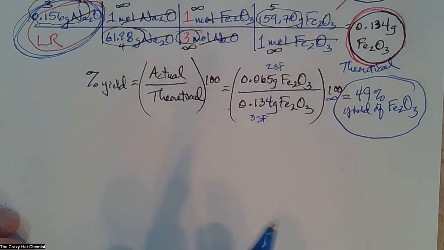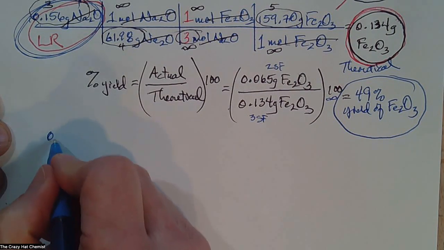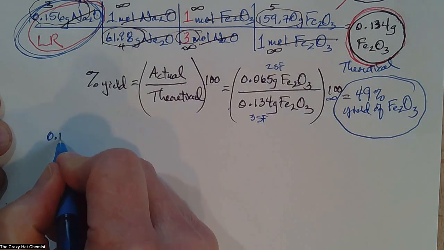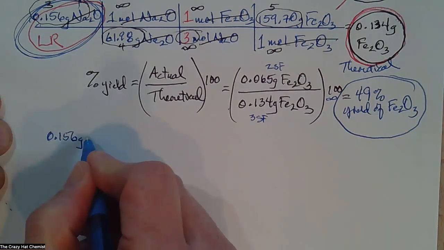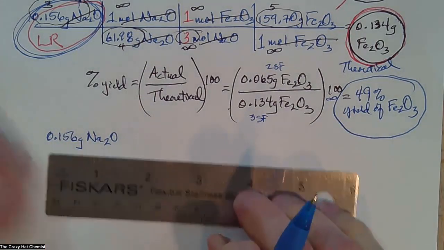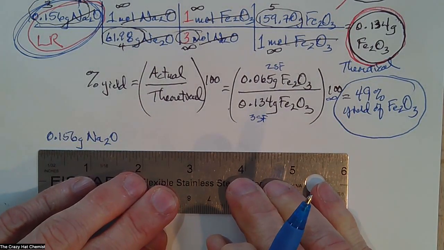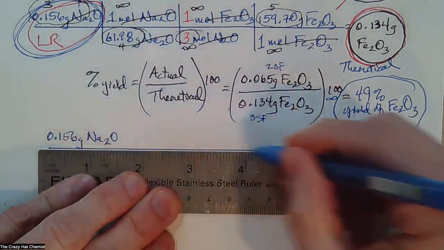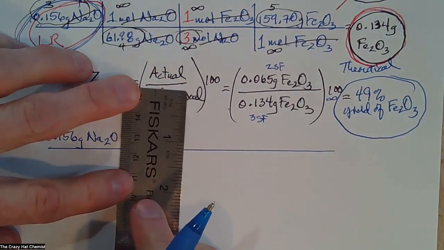So making sure that you know all the previous information there, we're going to start off with the limiting reagent, which is 0.156 grams of Na2O. Okay, and I am going to convert this limiting reagent to the other reactant, which is in excess.